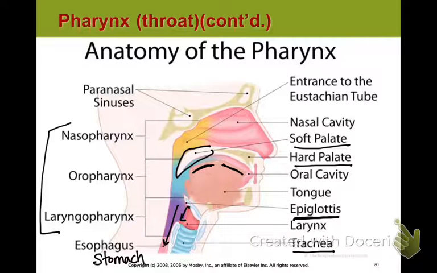When we're swallowing, we don't want food to go down our trachea, which goes to the lungs. So we have that protective epiglottis. This is why your mama always told you, don't talk with your mouth full, because a piece of food might accidentally fall down in there and then, you know, you're choking.